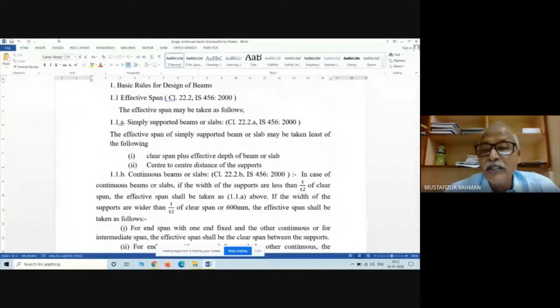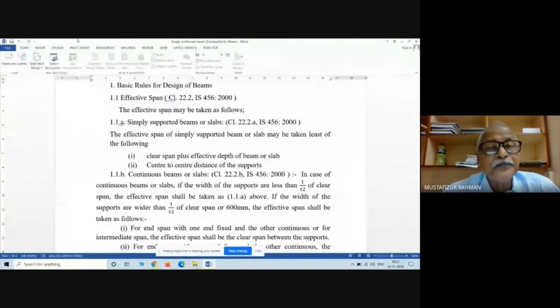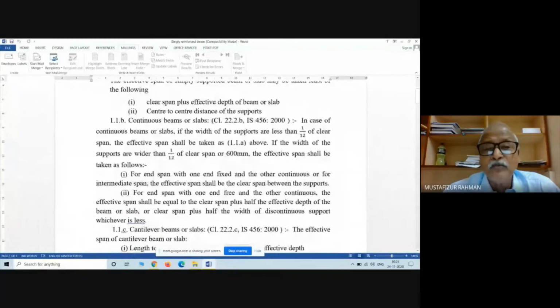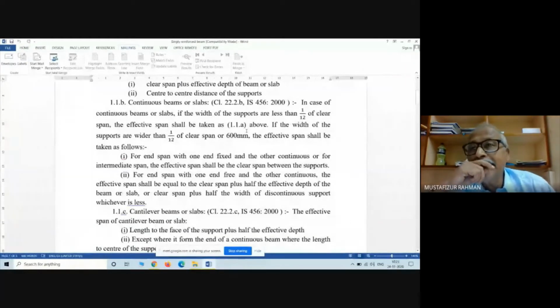See, I mentioned the clause here, clause number 22.2(a) of IS 456:2000. Similarly, if it's a continuous beam, which you have studied in structures, several conditions are given.